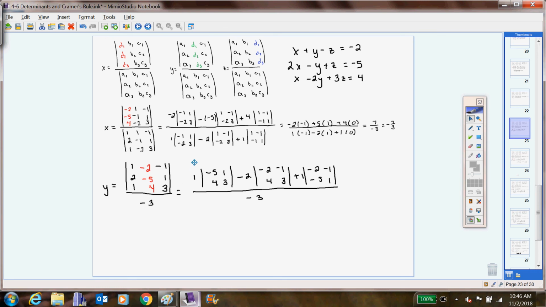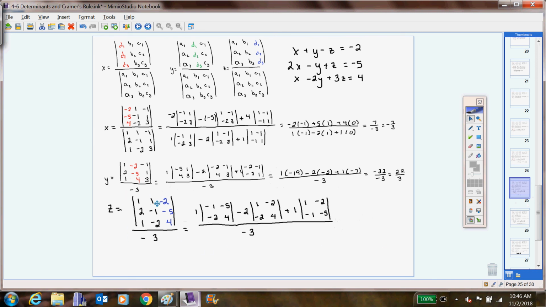And then once again, 1 times negative 2 minus 4, negative 2 times negative 6 minus negative 4, plus 1 times negative 2 minus 5. And negative 2 minus 5 is negative 7. Negative 6 minus negative 4 is negative 2. Negative 15 minus 4, negative 19. Simplifying negative over negative, we end up with 22/3. Y is done.